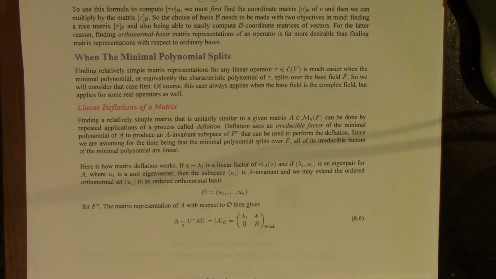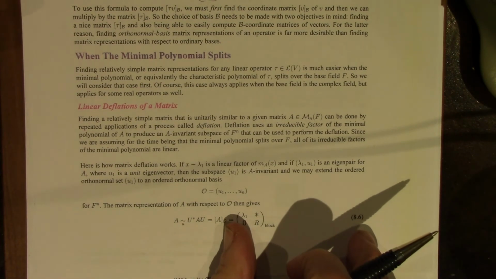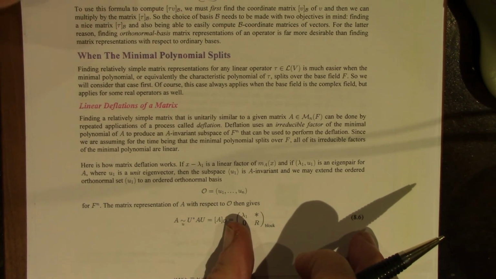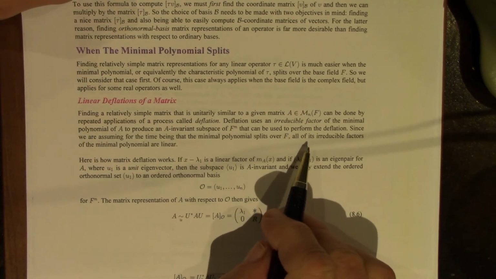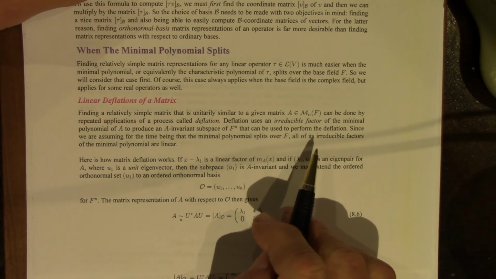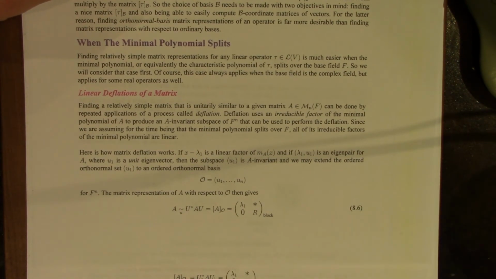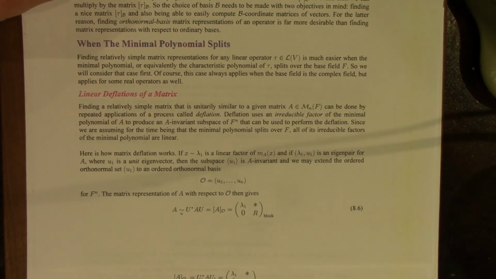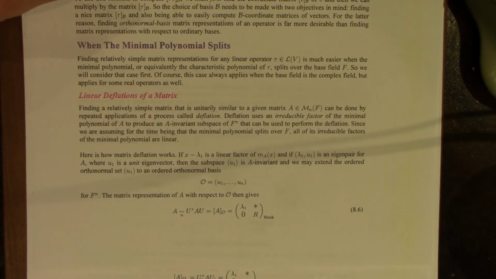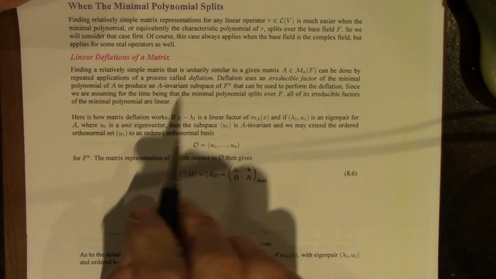And that's why we have to use repeated applications of deflation. Each application produces a single invariant subspace. Now, since we're assuming for the time being that the minimal polynomial of our matrix splits, all the irreducible factors are linear. So here's how deflation works.